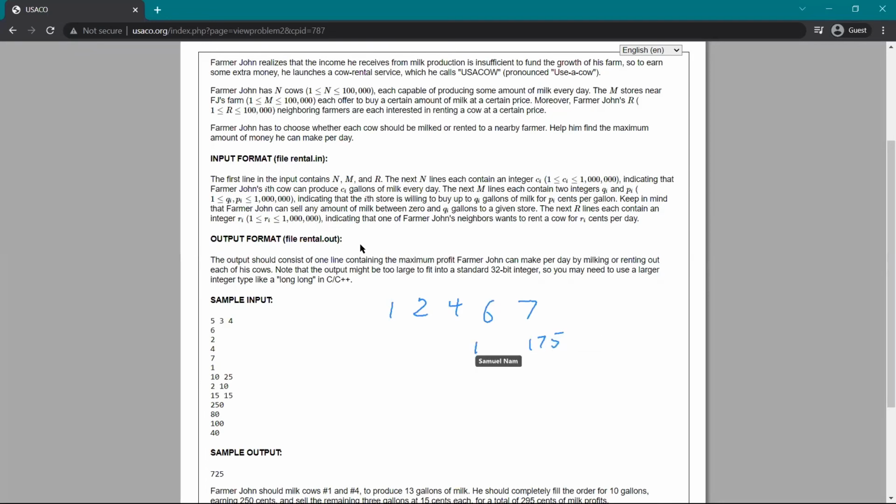This was 120. 4 was 60. 2 was 30, and 1 was 15. And then the rent would be 250, 180, and 40.